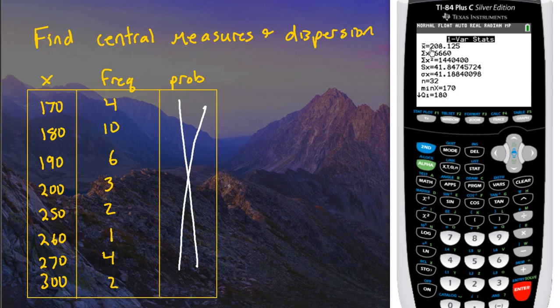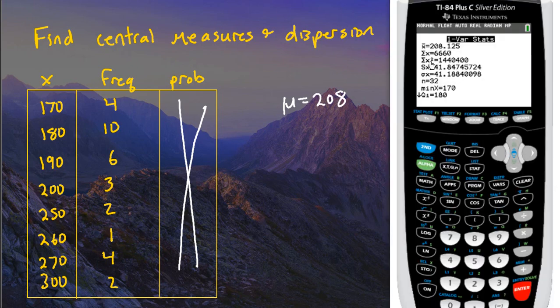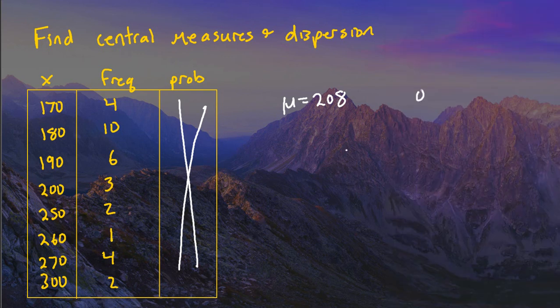All right, so x bar, that's our mean, is 208. So our mean, 208. And we don't need our sum. Here's our standard deviation, 41.1.